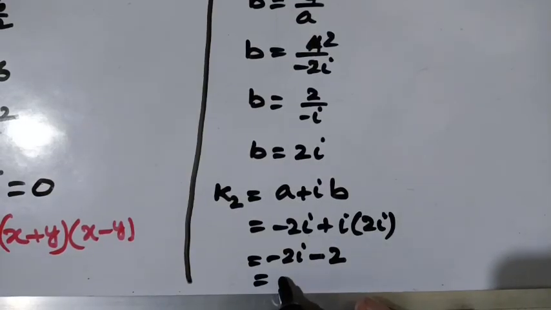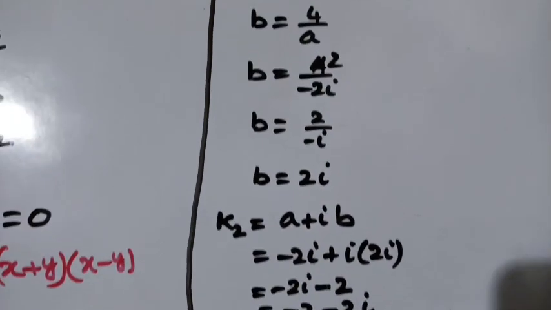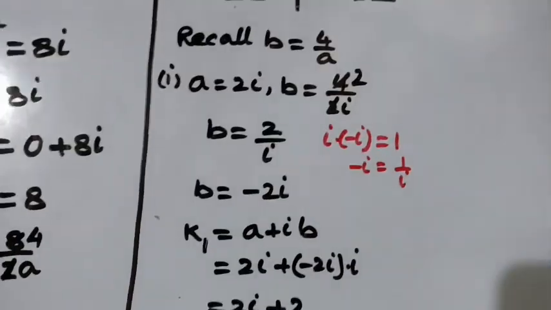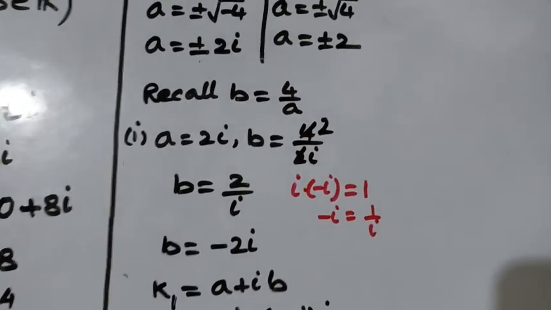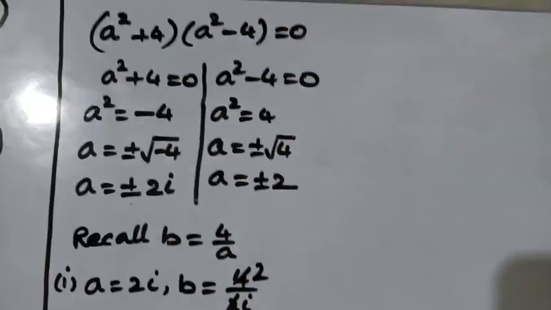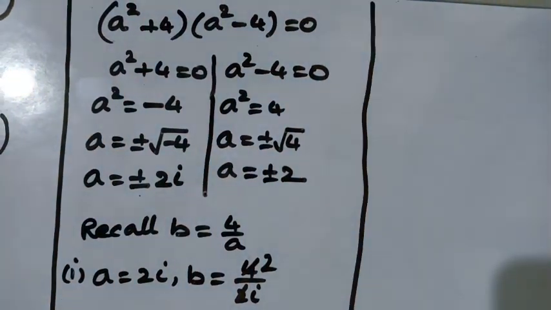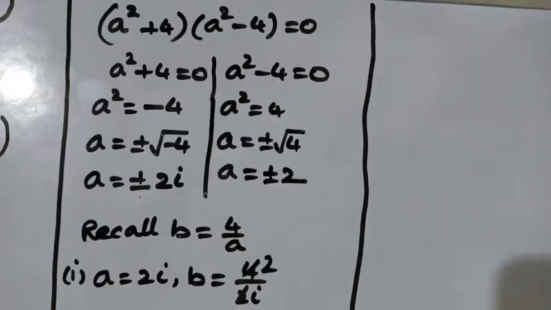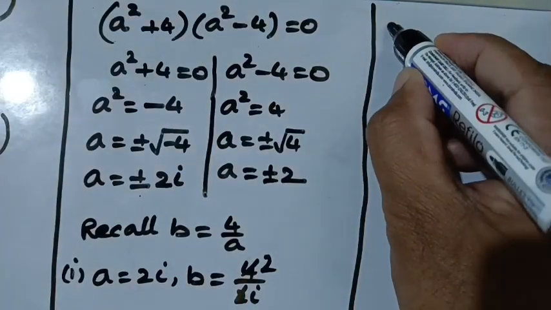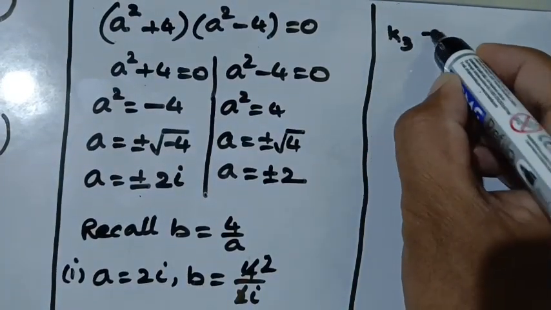So if we write the real number first, minus 2, and next we write the imaginary part, minus 2i. So this is the value of k we got here, that is minus 2 minus 2i. Two more values of k are possible here, for two more values of a, k3 and k4.